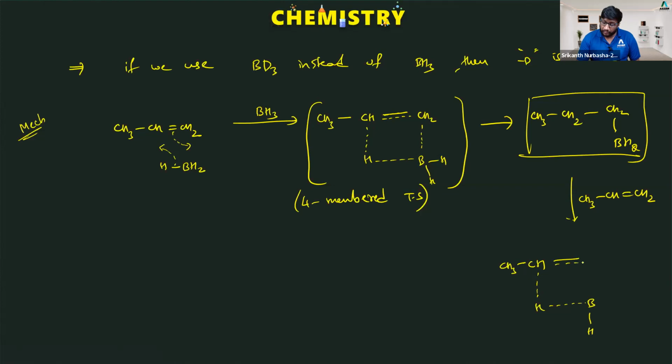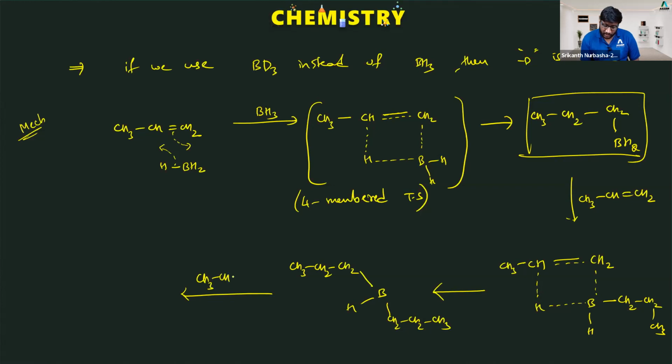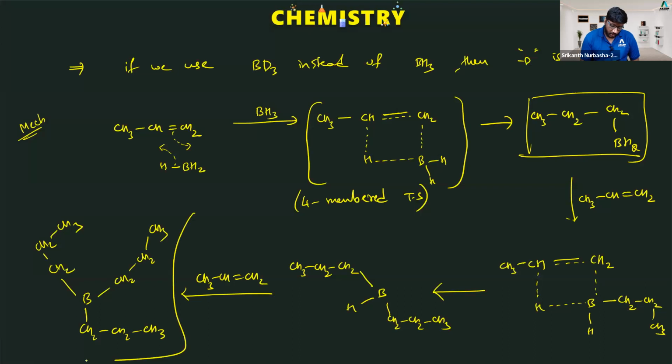This will again be added to CH3, CH double bond CH2 to form boron connected with three CH2, CH2, CH3 groups, which is nothing but your trialkyl borane, R3B.